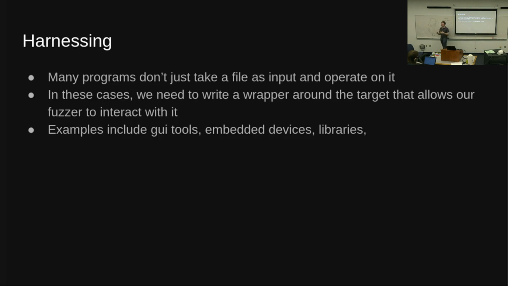This is where you wrap your target in a harness that is the executor for it. If your target takes network packets, one thing you could do is write a test program. You run your fuzzer, let's say AFL, with this test program, and the program basically just gets random files from AFL.